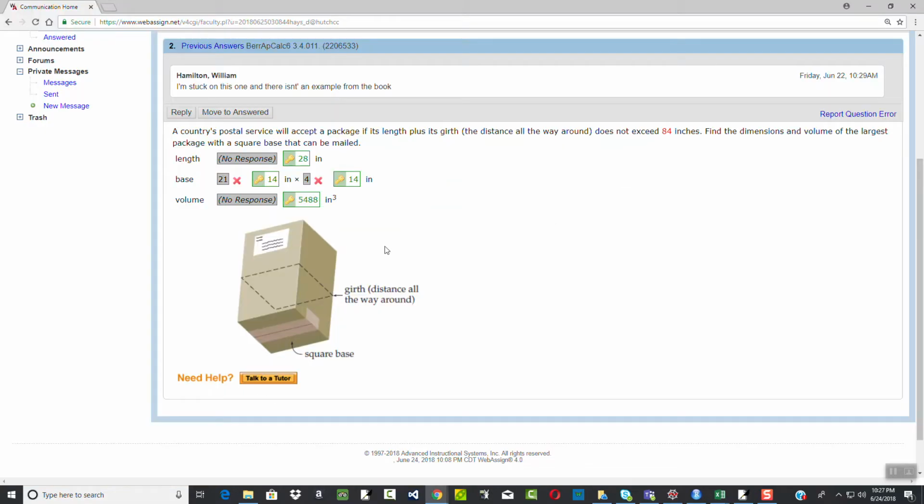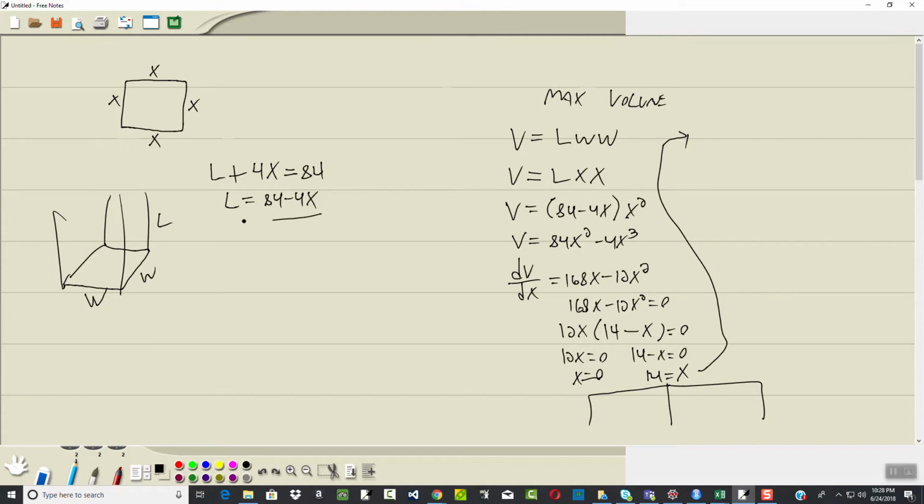Now they want to know the dimensions. So the base is 14 by 14. Now the length. Well, length is over here. So length is equal to 84 minus 4 times x, and we said x was 14. 84 minus 56 is 28.